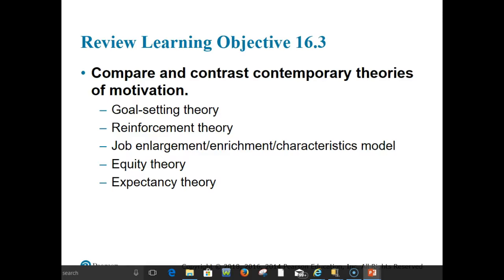Feedback guides and motivates behavior, especially self-generated feedback, and contingencies affect goal setting, including goal commitment, self-efficacy, and national culture. The reinforcement theory says that behavior is a function of its consequences. To motivate, use positive reinforcers to reinforce desired behaviors.